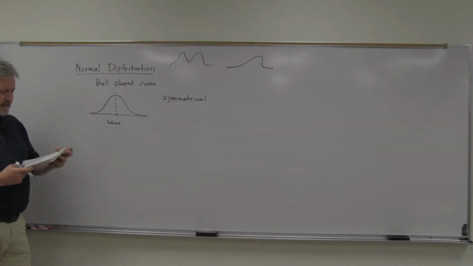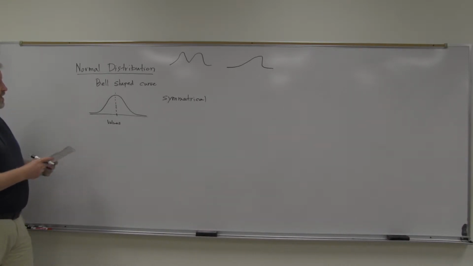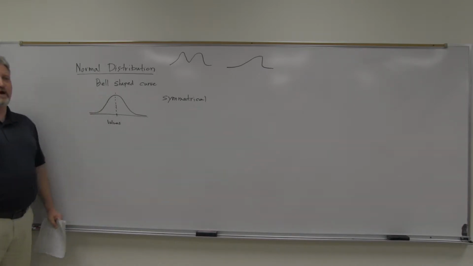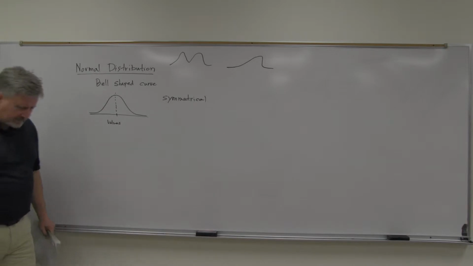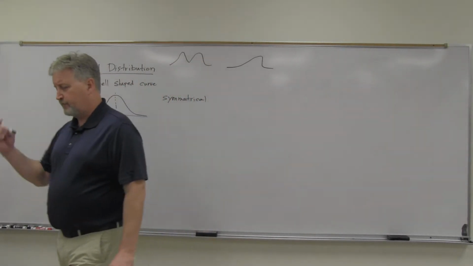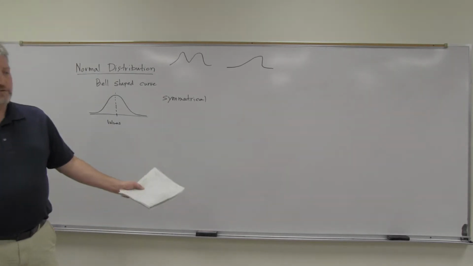All right, now we already mentioned another facet of this: the highest point is right in the middle. One other thing we could have talked about when we were going through the mean, median, and mode.